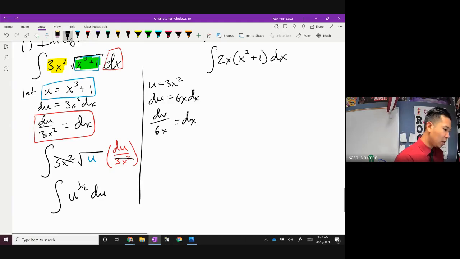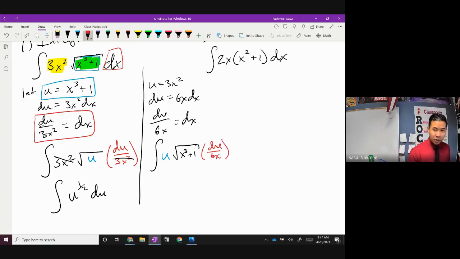If I tried substituting with that, I would have ended up with the integral of u, which doesn't look so bad so far, but check this out, times the square root of x cubed plus 1, and the dx would be du over 6x. The problem with this is I can't cancel out this x with this x.